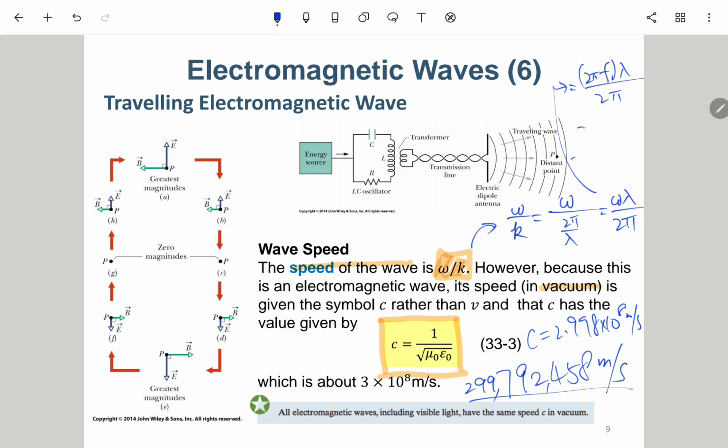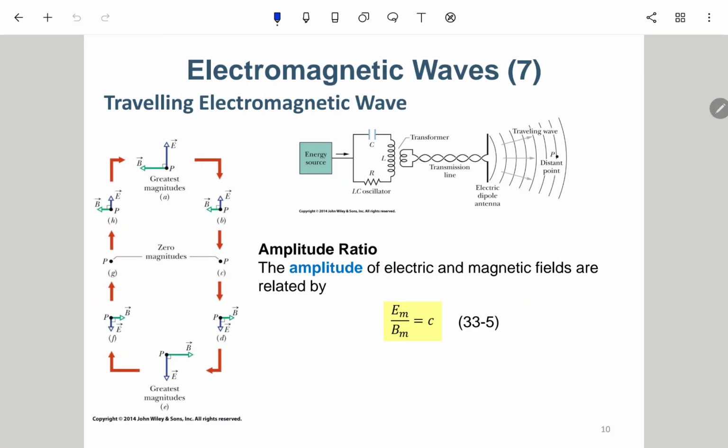The 2 pi cancel, which becomes f lambda, which is also the speed of light. So this identity, c equals f lambda, is quite important when we talk about waves. Here omega over k is derived in the reverse direction: you start from this assumption and go backward, so that you can also know that the speed of light will be omega over k.